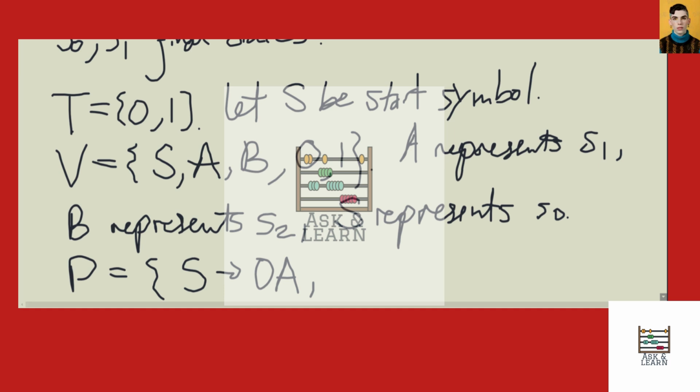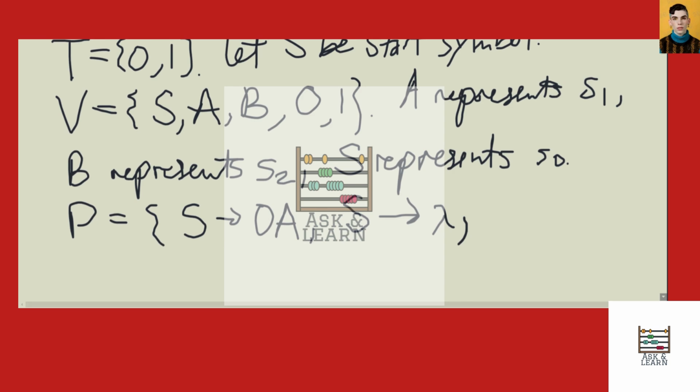In addition, because S corresponds to S0, which is a final state, it follows that S can be replaced by lambda. We also see that because S1 is a final state, S can be replaced by 0 as a production.